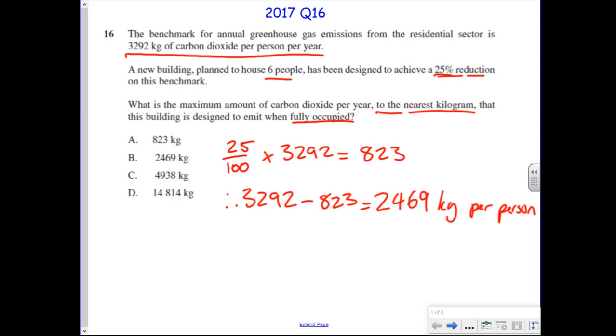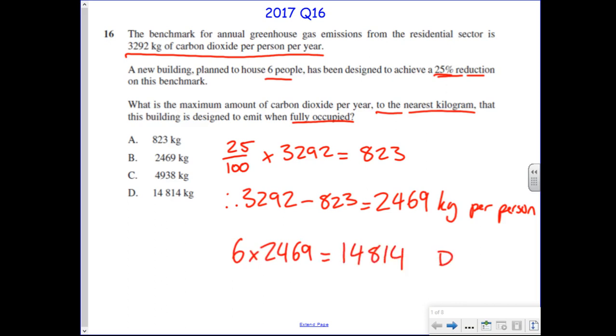Alright, so what we're saying here is, each person that lives in this house, they'll be emitting about 2,469 kilograms of carbon dioxide per year. And essentially, that's for one person. We have 6 people, so we're just going to do 6 times 2,469, which equals 14,814.